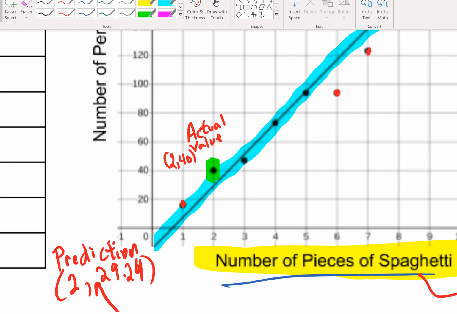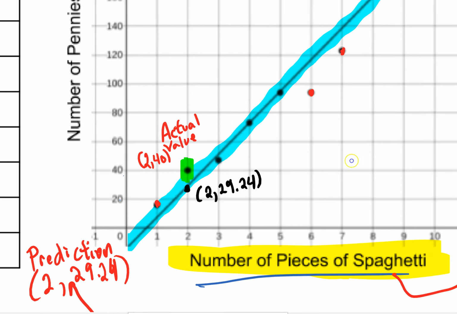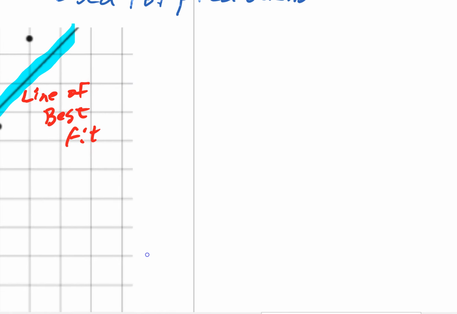So I'm going to come back in here and really make this jump out at you. We've got our blue line here, of course. There's a point on this blue line. That's the point 2, 29.24. That's what we'd predict. We are off, though. Really, the actual data point was 2, 40. So where is this leading? Well, it's coming over here to the side.